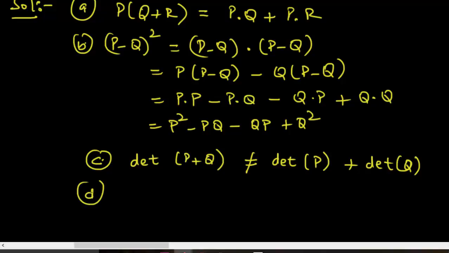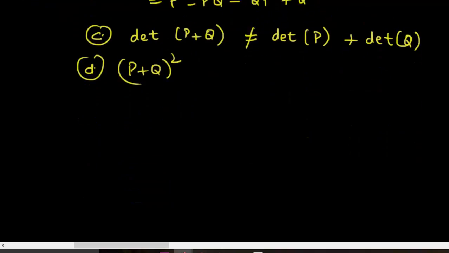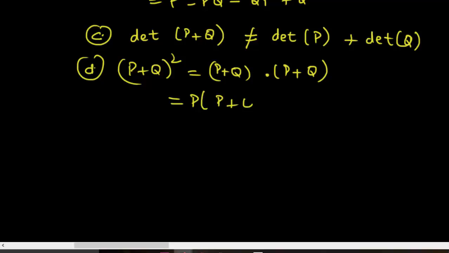So the last option, we have p plus q whole square. Now you know how to solve this problem. So we'll just write it as p plus q into p plus q. So we have p multiplied by p plus q plus q multiplied by p plus q.